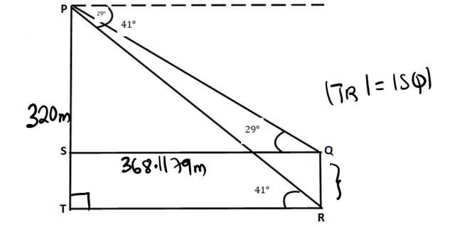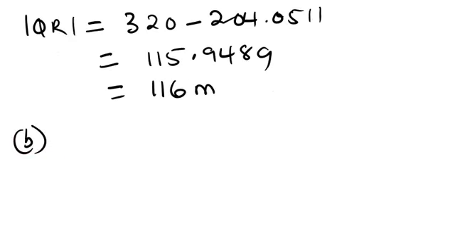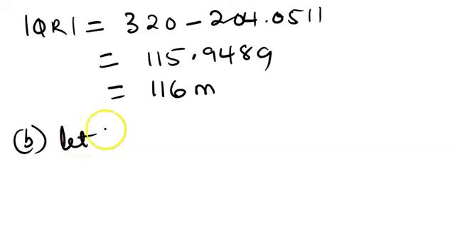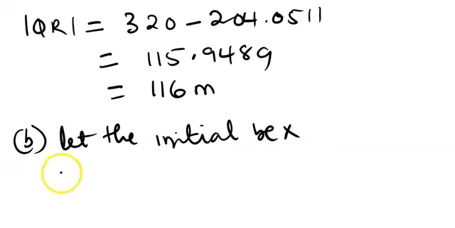So let's look at the B part. The B part, let's go back to the question. Okay. The time taken to travel a distance of 120 kilometers was reduced by 30 minutes when the speed was increased by 20. So let the initial speed be x. Now we know that time is distance over speed, right? Good.